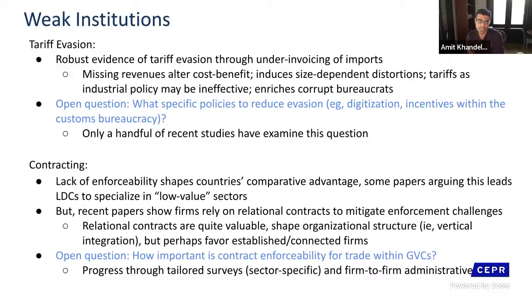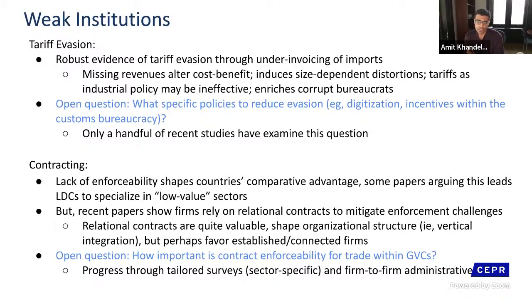Turning to contracting, I think one thing that the literature has established is that the lack of contract enforceability, or the weaker enforceability of contracts in developing countries, is going to shape countries' comparative advantage.